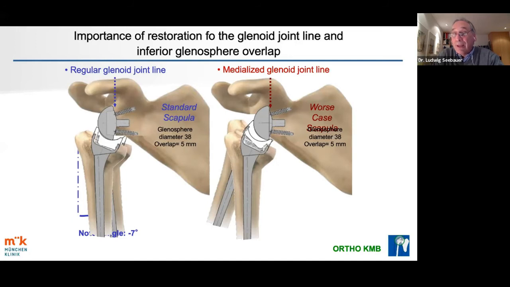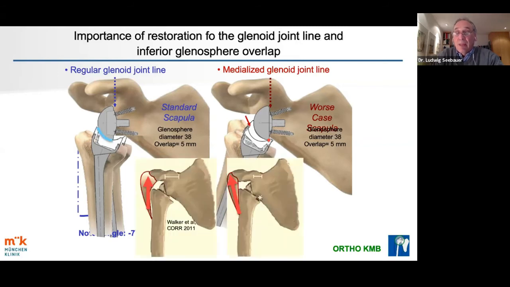You only have a point contact, and the contact surface is proportional to the intrinsic stability of your prosthesis. And further, if you are medial, the initial pull of the deltoid creates not only a flexion or abduction, it also makes a lateral pull, if your humeral stem is lateral to the lateral aspect of the acromion.